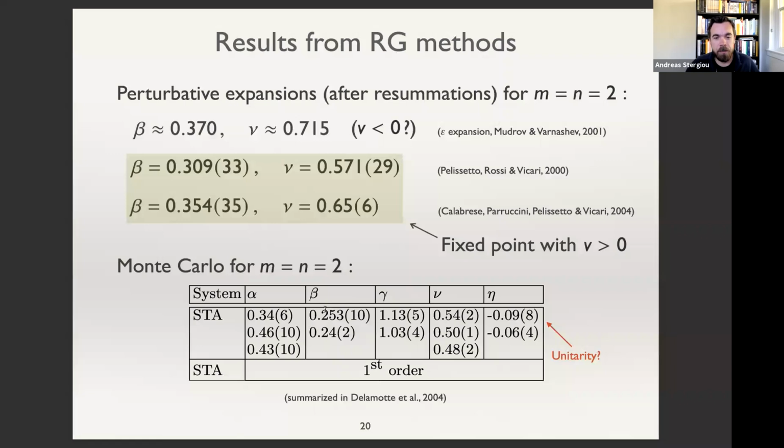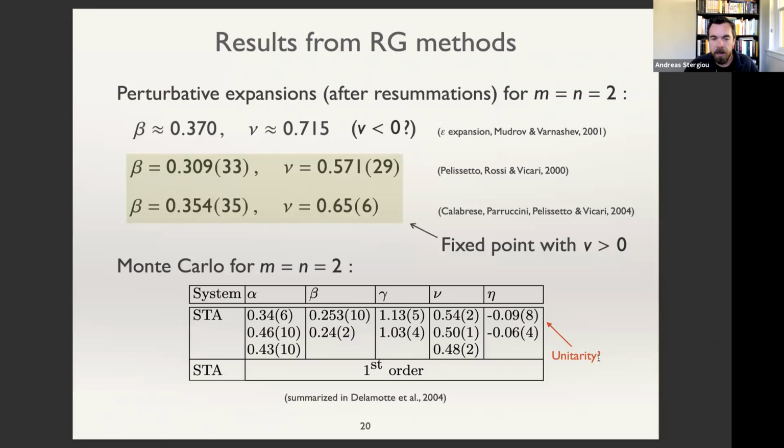These appear to be close to terbium and the stacked triangular antiferromagnets, but the Monte Carlo simulations invariably in these systems give some weird negative etas, which means that beta over nu, which is the dimension of what we typically call phi, is below 1/2, and therefore we have a violation of unitarity in that the order parameter operator is below the unitarity bound, which I don't understand.